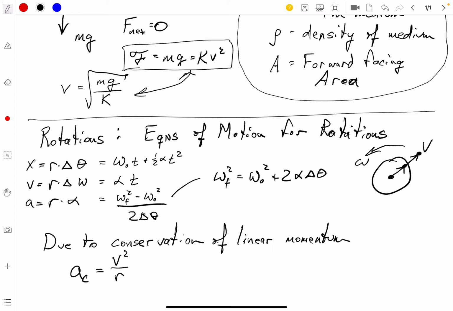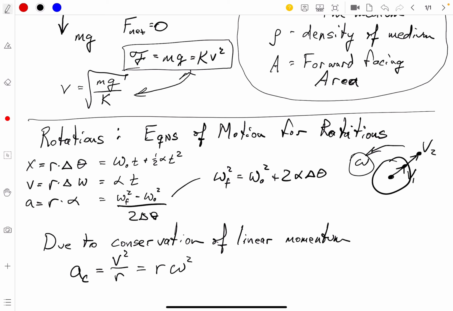So a better way to do it is to take whatever the radius is and multiply it by your omega squared, because this omega is the same, but this v is smaller, v1 is smaller than v2.